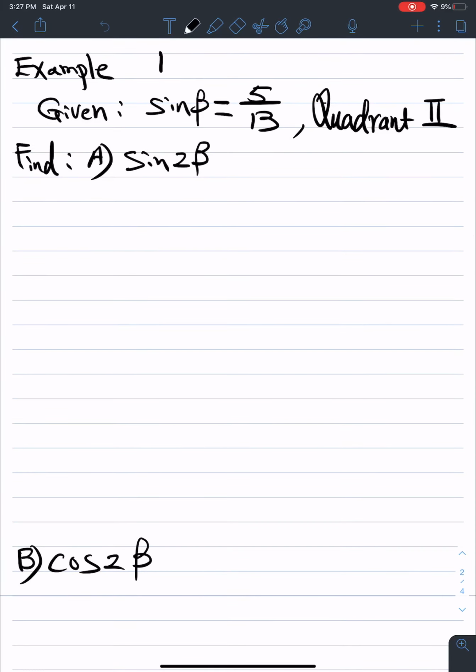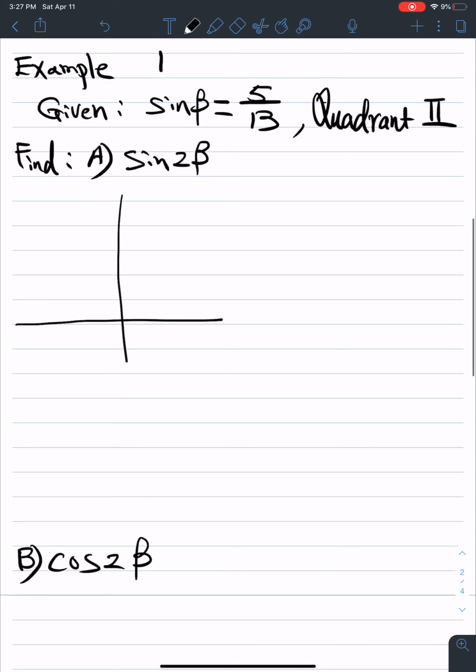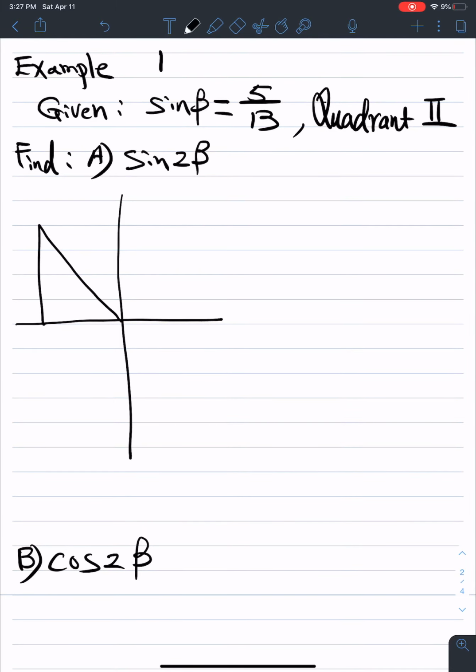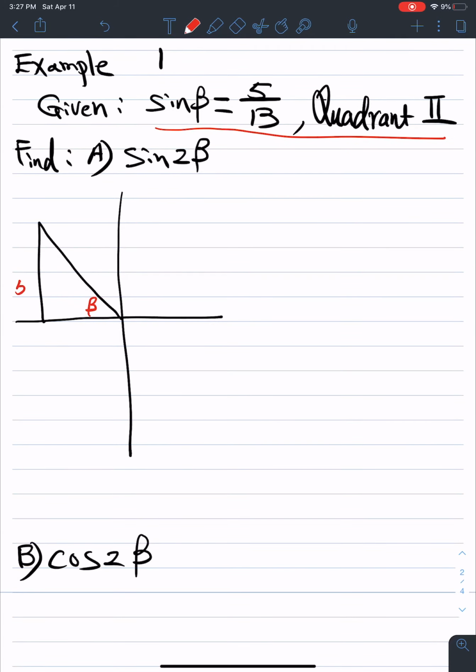So example 1. They give it to you. That's the second quadrant. So we know the angles right here. That's a given. Remember that. So second quadrant. Sine is the opposite over hypotenuse.